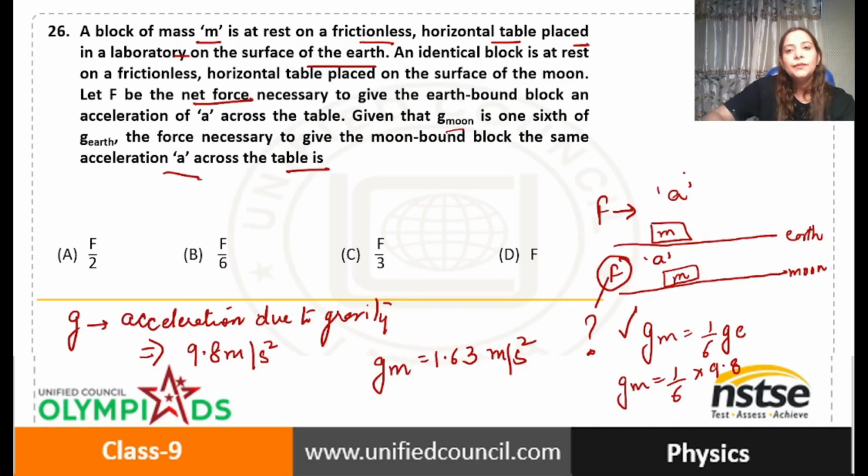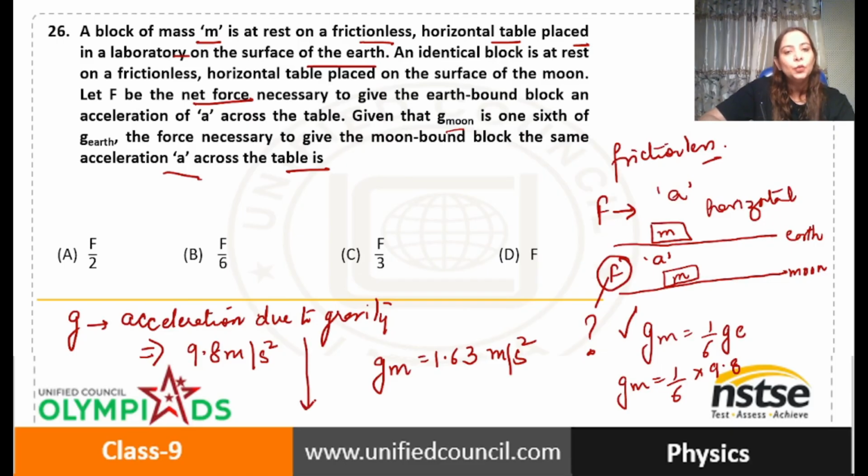Now both the surfaces are frictionless, and also both the surfaces are horizontal. And we know acceleration due to gravity acts vertically. So that is the reason the force required in both cases is going to remain the same to provide the same acceleration.